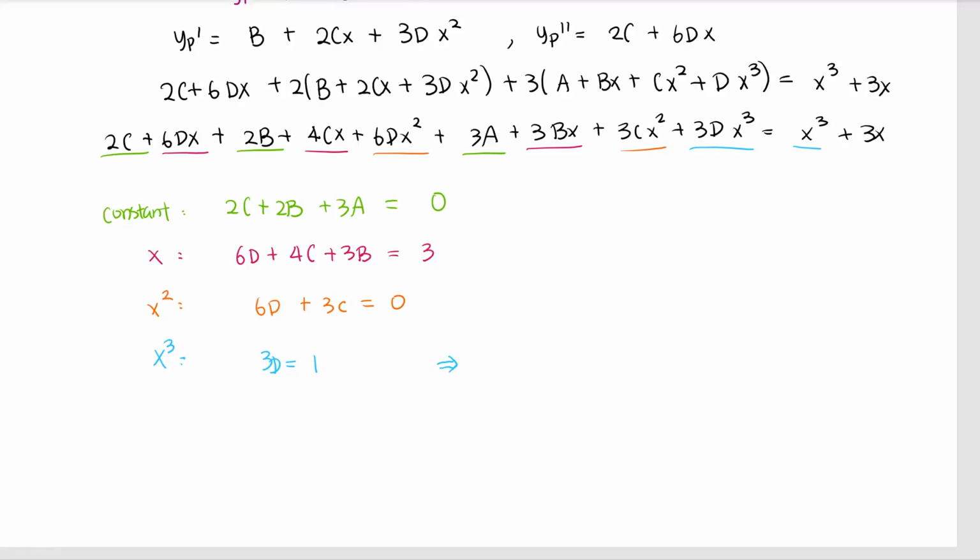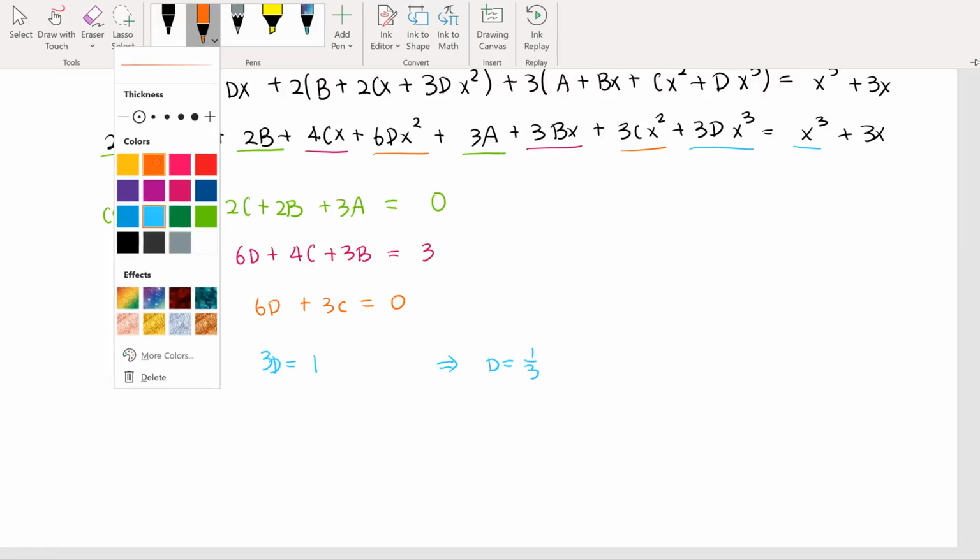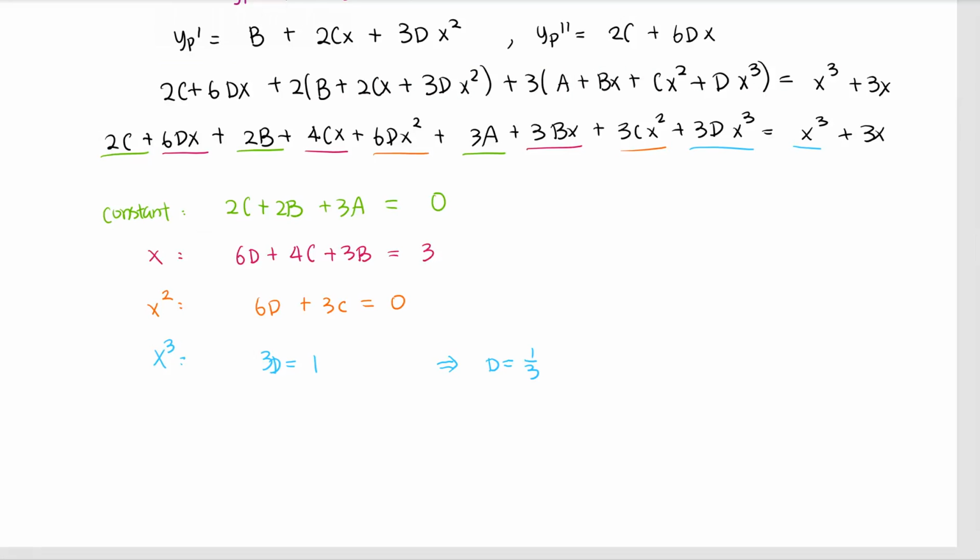Here we get d equals 1 over 3. Then let's go back and plug it in. What is c? Well, 3c is minus 6d, so c is minus 2d. When we plug it in, we get c is negative 2 over 3. So far so good, everybody?